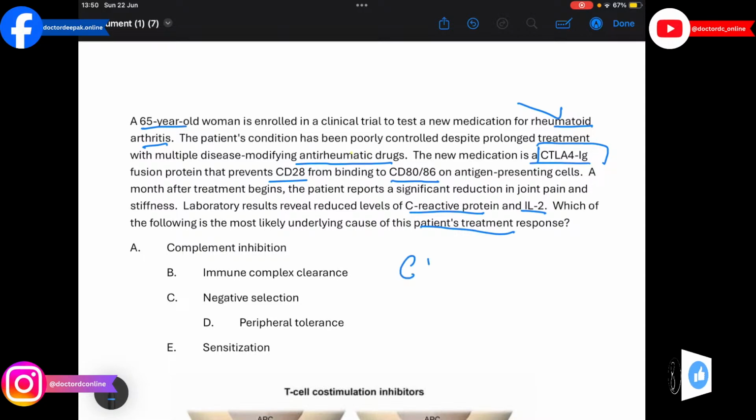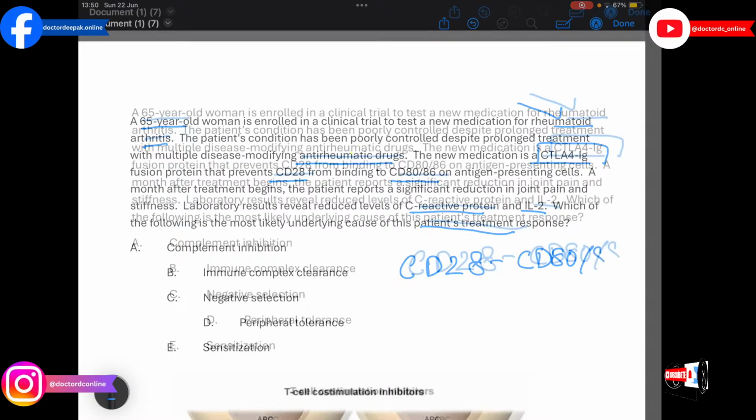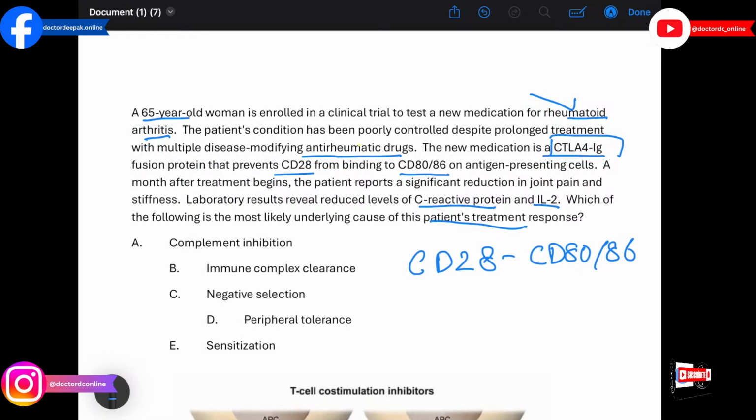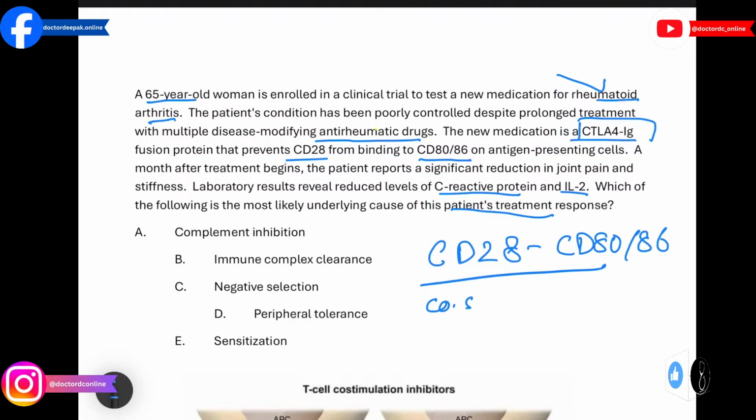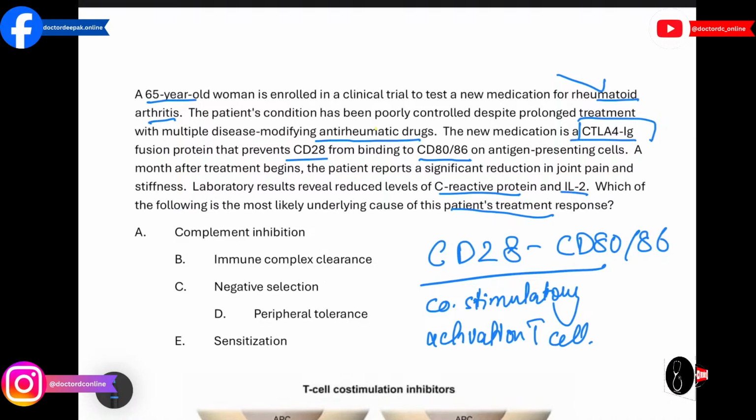If you guys know, the CD28 and CD80 binding is a co-stimulatory signal for the activation of T cells. So after giving this drug, they find that there is a decrease in the level of C-reactive protein and interleukin-2, which are inflammatory cytokines, and by that they are getting the response.